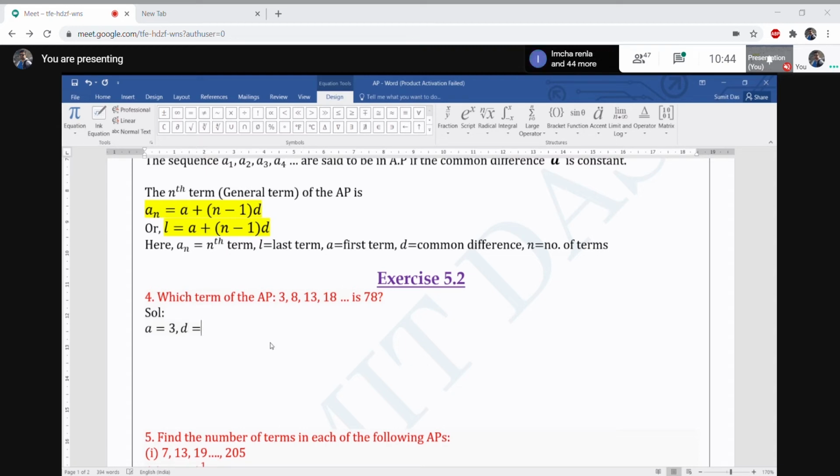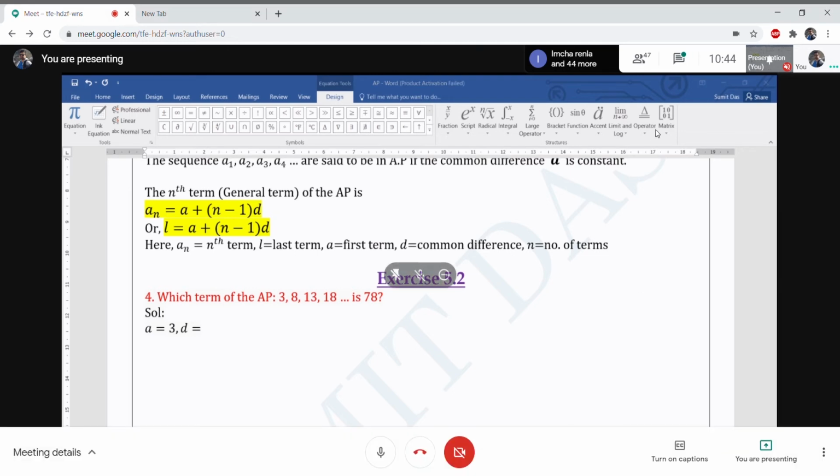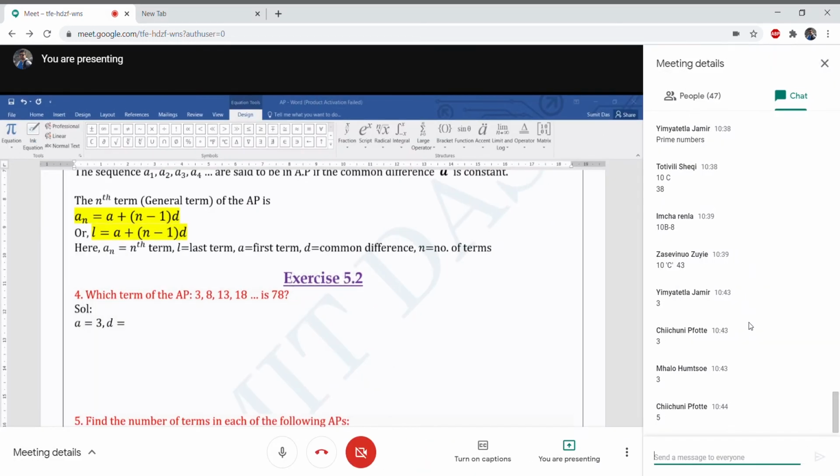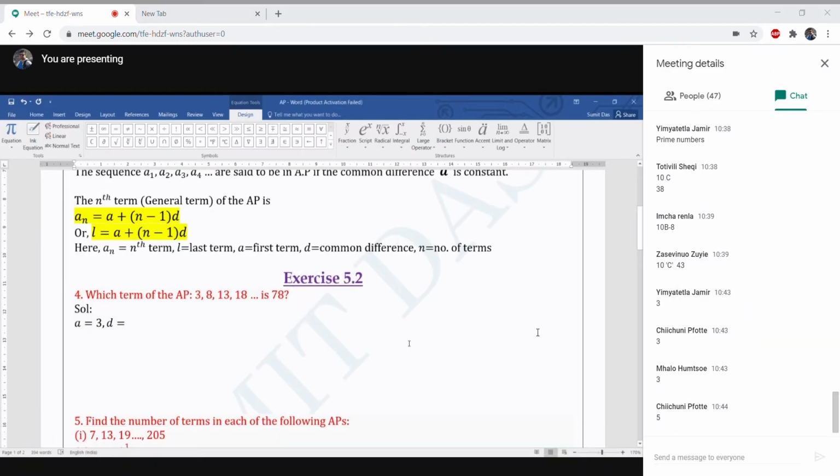What is the value of d? Anyone? Answer fast, reply to me. Yes, 5. d will be 8 minus 3, that is equal to 5. What is n here?